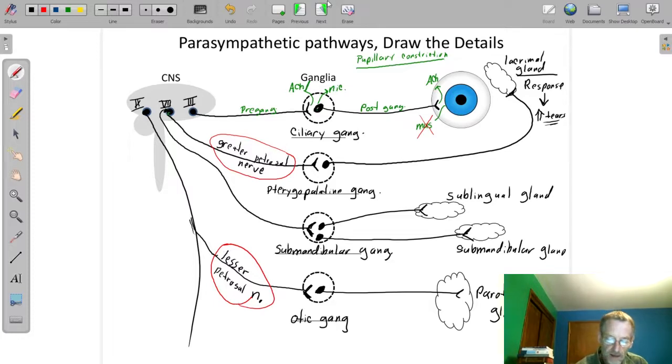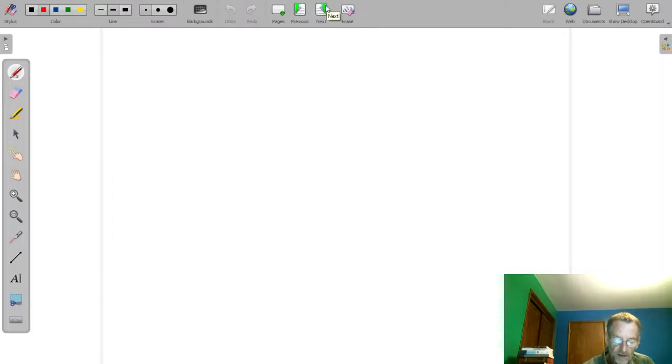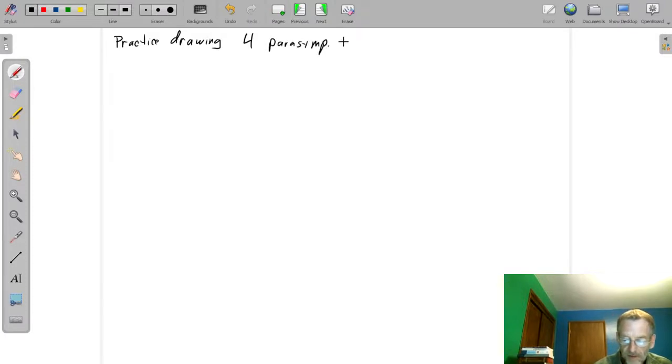So I made a sheet for you on the next page, and here you can practice drawing. I'm going to leave it blank for you. Practice drawing the 4 parasympathetic pathways. So I'd probably do something quick and easy, something like this.